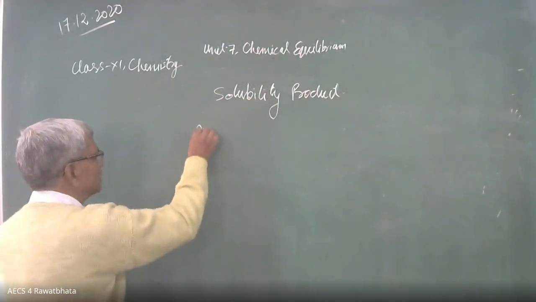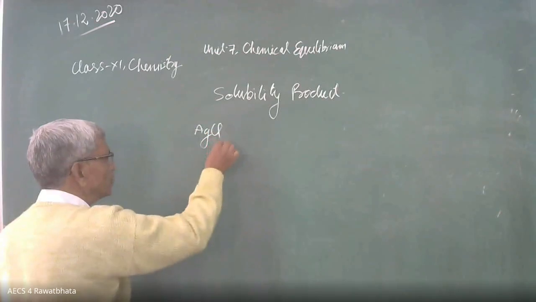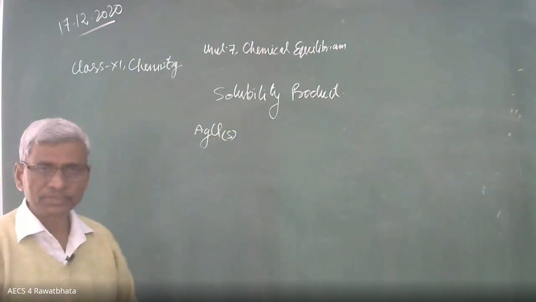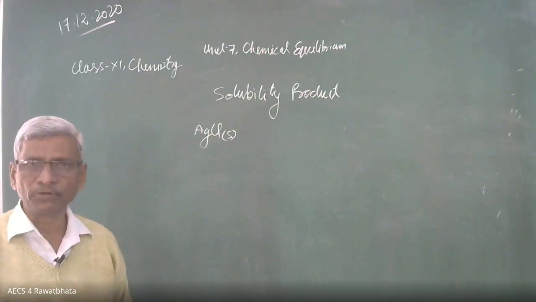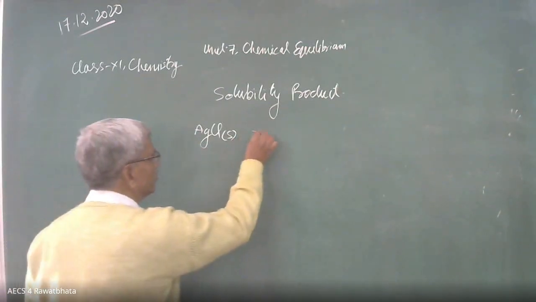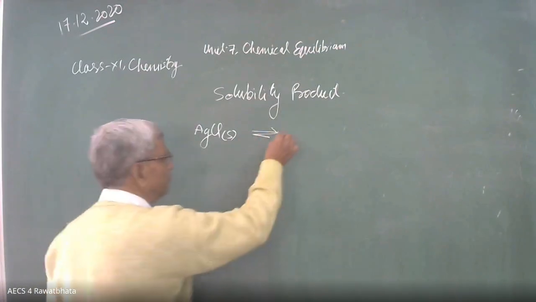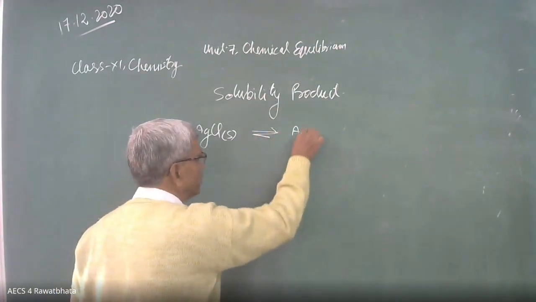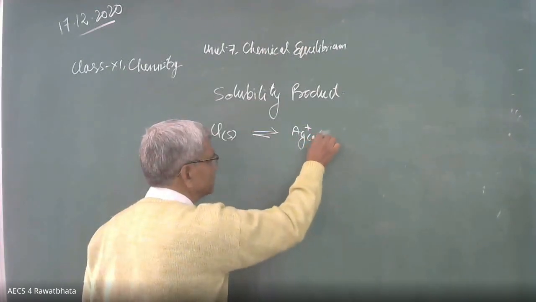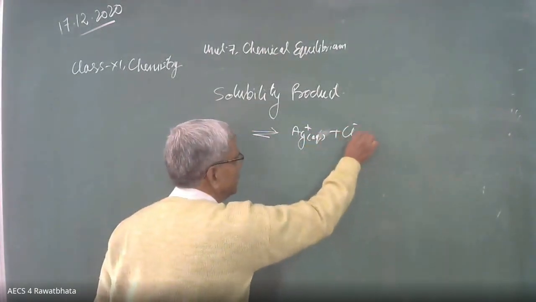A compound is AgCl, silver chloride. It is a solid. We have seen that the precipitate of chloride ion is formed in the form of AgCl, a white solid. This dissolves in water to form silver ion, aqueous, plus chloride ion, aqueous.